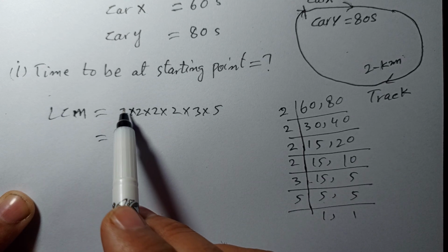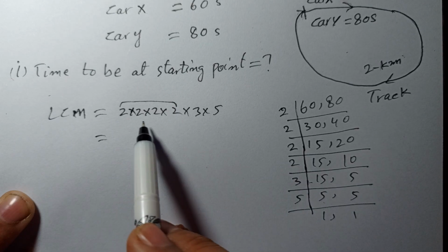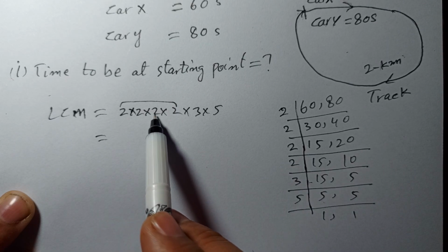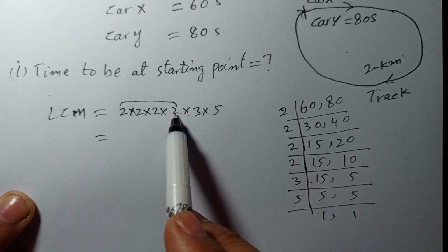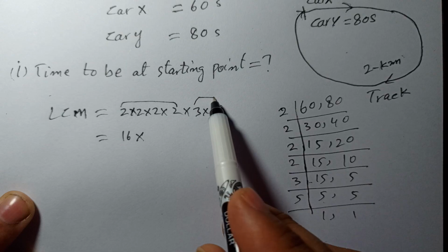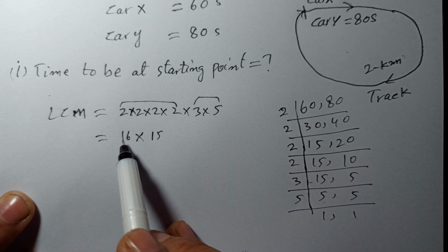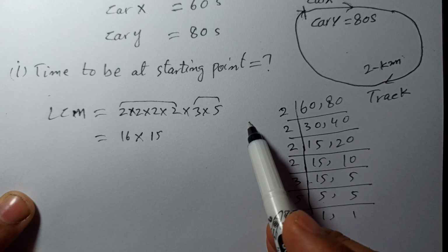Now make a group so that you can calculate it easily. 2 2s are 4, 4 2s are 8, 8 2s are 16, 16 here. Make a further group. 3 5s are 15. Now multiply these 16 and 15.